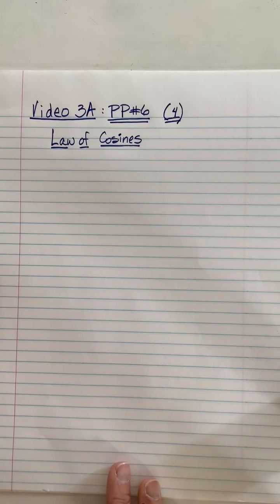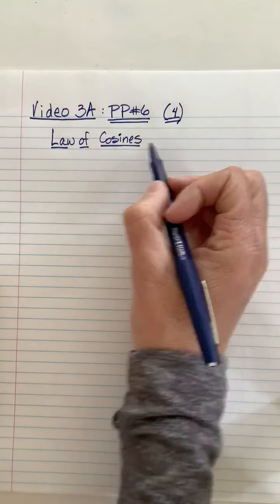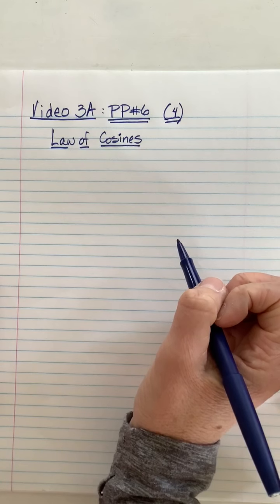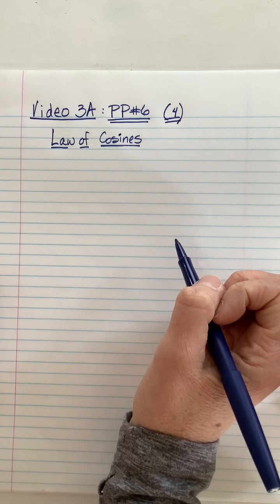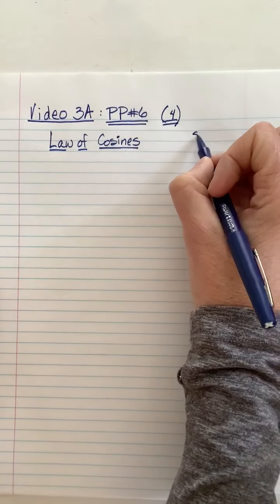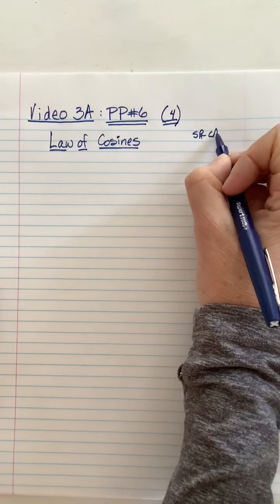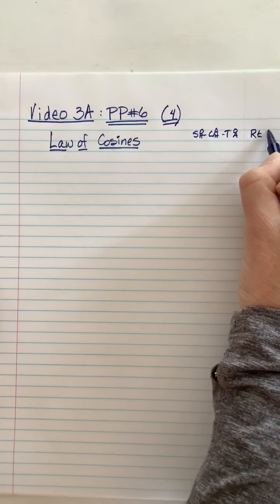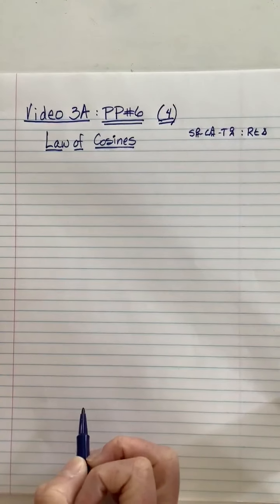The law of cosines is a little trickier than the law of sines, and there's a couple different versions. The law of cosines does not have a complete pair. When we are looking at SOHCAHTOA, remember, you need a right triangle in order to use it.